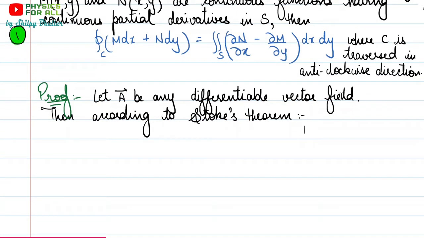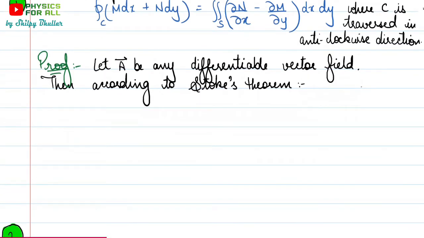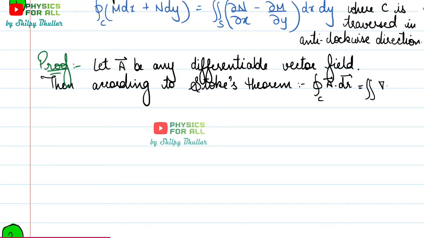If A is the vector field, then according to Stokes theorem, we have A dot dr integrated over the closed curve C equal to the normal component of the curl of this vector function integrated over the surface.